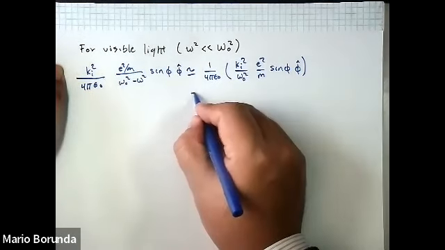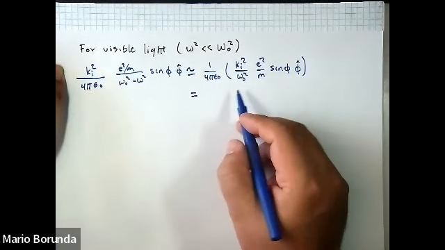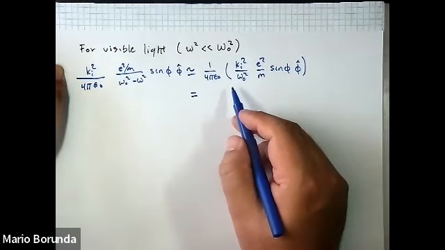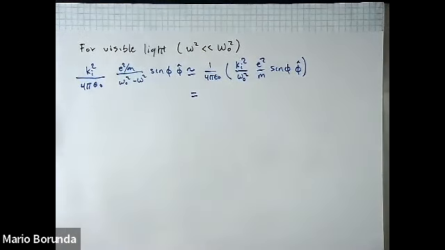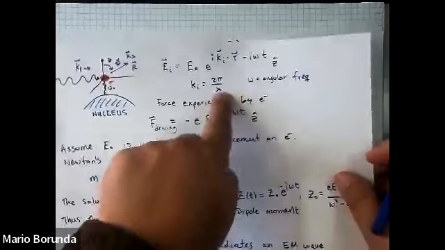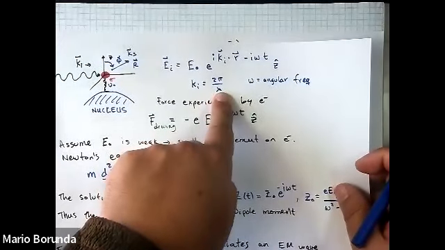And at this point, I can rewrite it and make use of how ki is related to lambda, right?